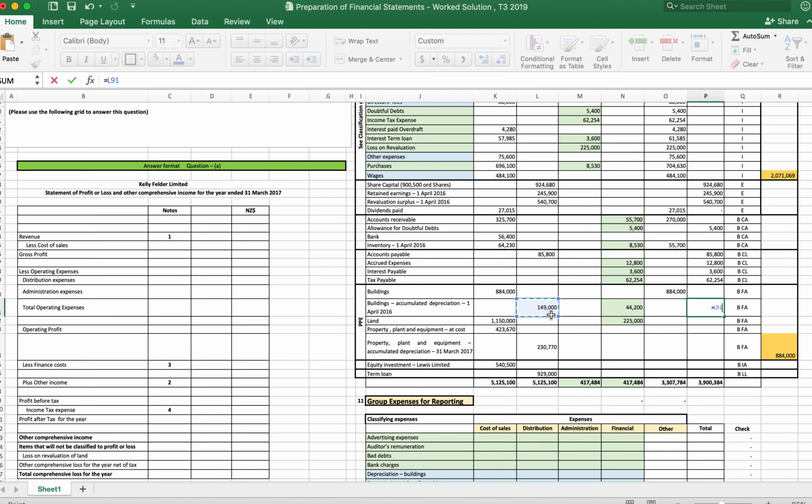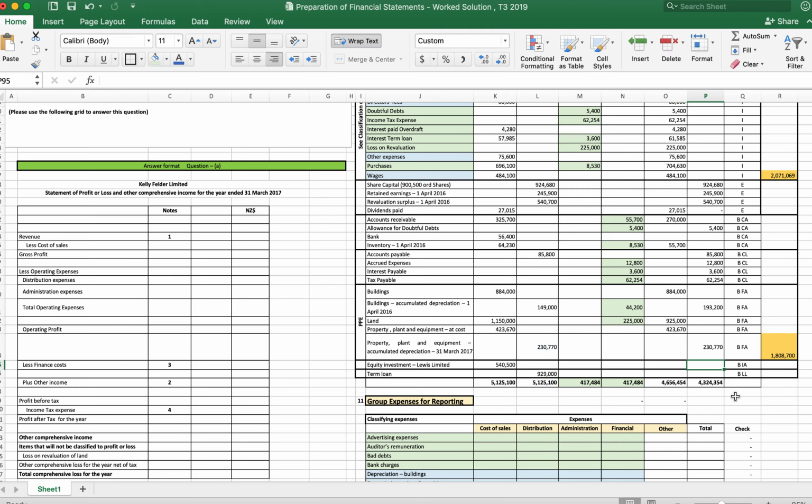That plus that. Your land is going to go down in value because of the revaluation. The property and plant: no additions, no deductions. That's right, we didn't have to do it, they'd already depreciated it.